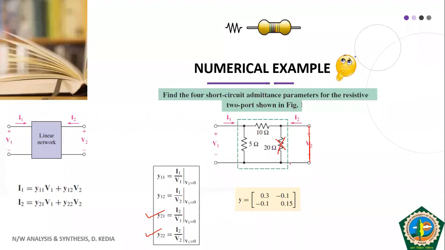Again, as I explained in the previous calculation of Y12, you see here these terminals are in parallel with 5 ohm resistance. What is the voltage across 5 ohm resistance? That is V1 with polarity positive on upper side and negative on lower side. This 5 ohm and 10 ohm resistance are in parallel.